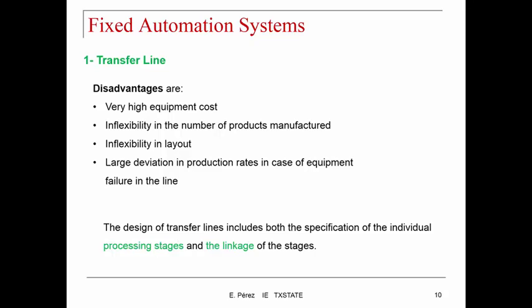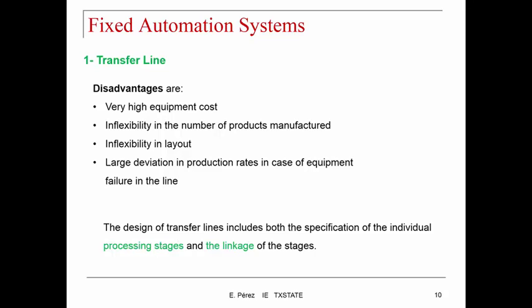So if you change the product, you will have to set up that machine again. So it's very inflexible. It's going to take a lot of time. There's also a large deviation in production rates in case of equipment failures. If one of your machines fails at some point, then your production line is going to stop, and that's going to decrease your production rate.